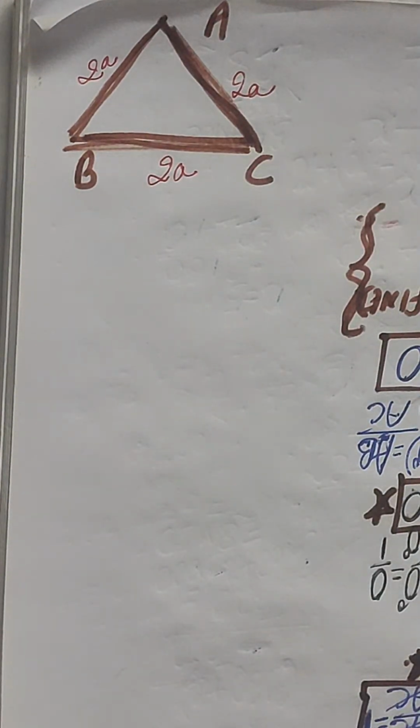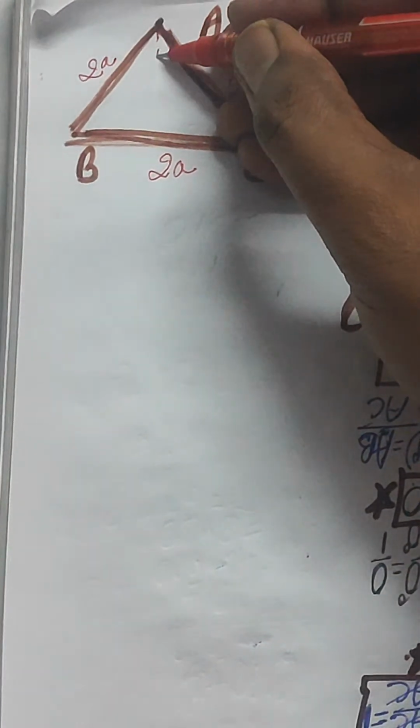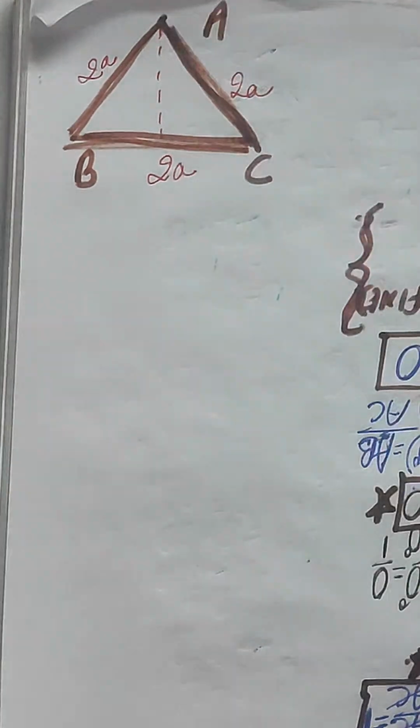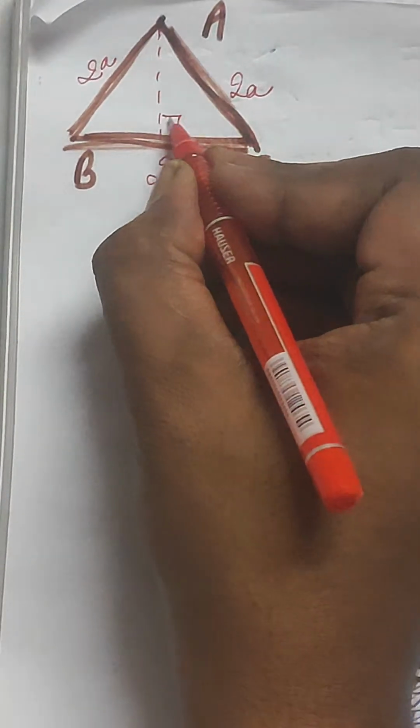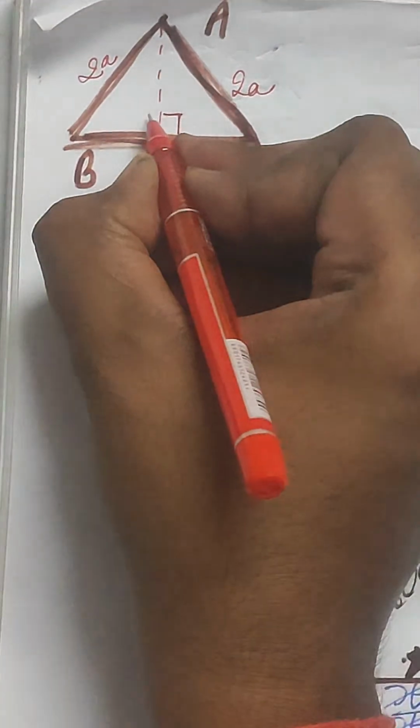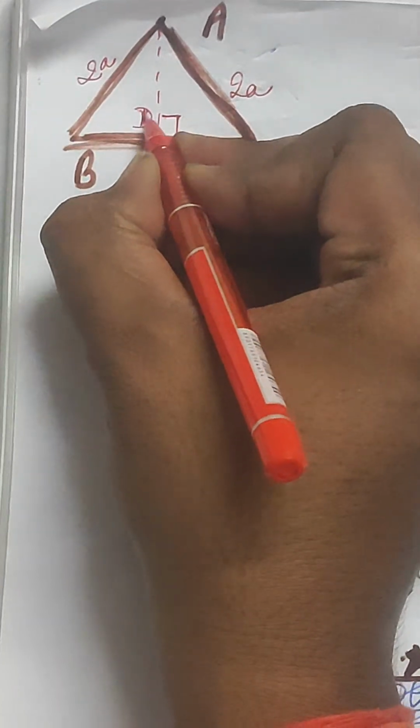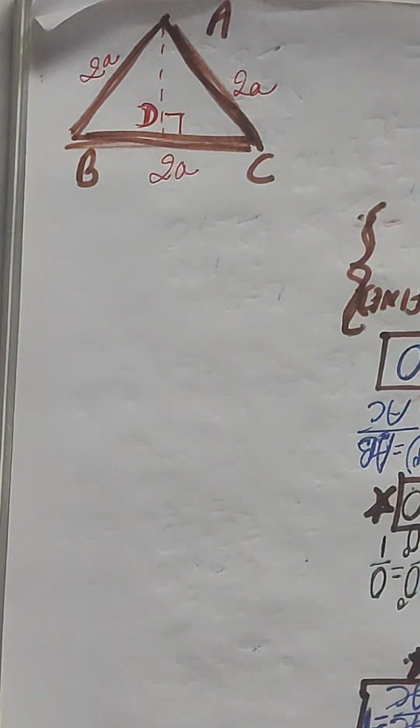In this case, what will happen? Just draw AD perpendicular to BC like this, and this point is D, right?